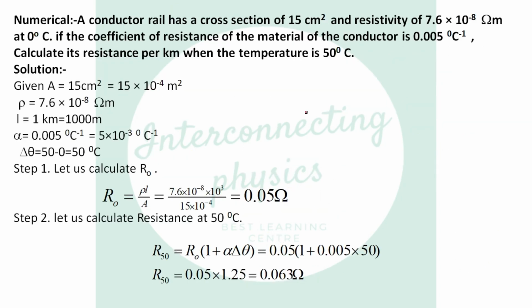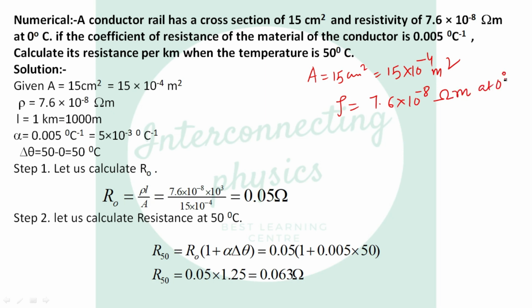Now numerical number 2. A conductor rail has cross section 15 centimeter square. We are given A, which is 15 cm², equal to 15 × 10^-4 m². Resistivity is given as 7.6 × 10^-8 ohm meter at 0 degree Celsius.